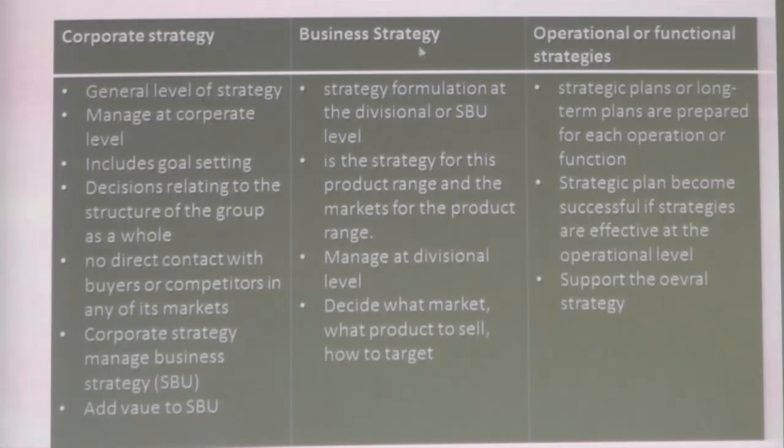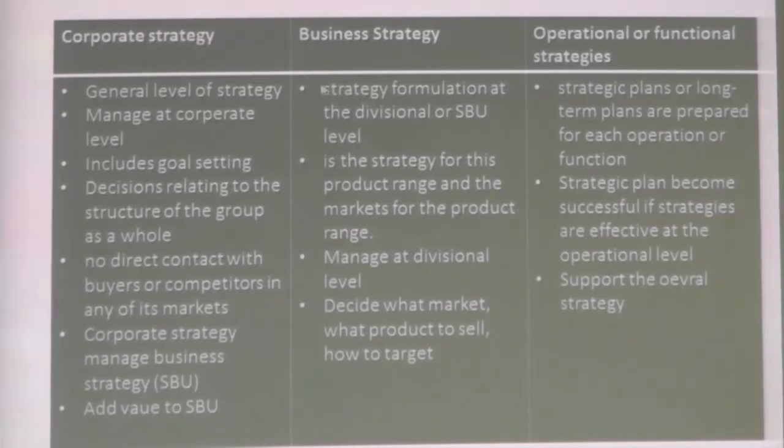The people working at the business strategy level will tell the true scenarios happening in the business to the corporate strategy level people. Then they can understand, because these corporate strategy level people do not go to the market.